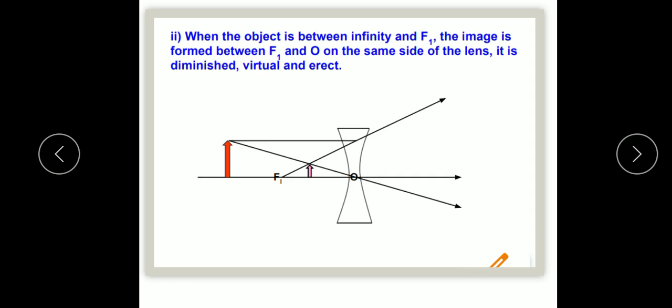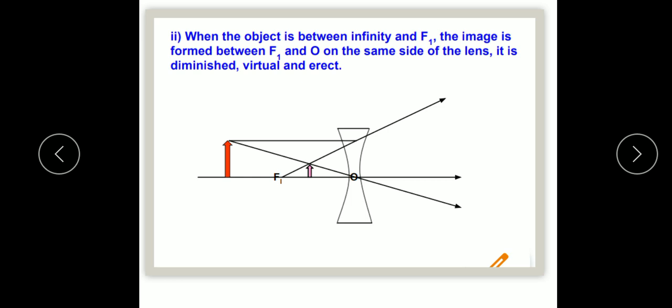Now the second case, when the object is between infinity and F1. Where is the image formed, what is the nature of the image, and what is the size?